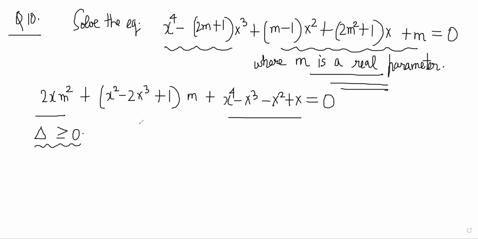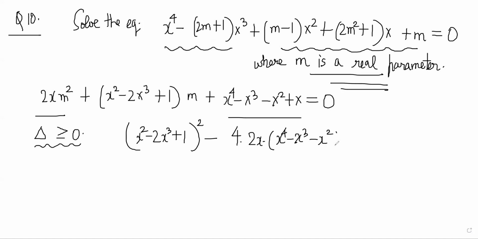Right? And let's calculate the discriminant. The discriminant is actually x square minus 2x cube plus 1, negative of b, so this square, minus 4 into 2x into x to the power 4 minus x cube minus x square plus x. Right? b square minus 4ac.